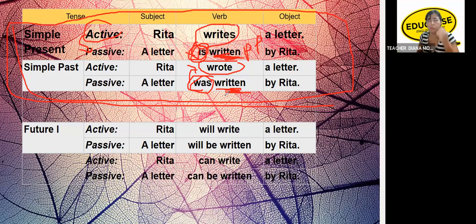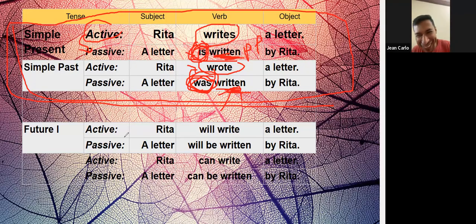The truth is that it's not complicated because if you want to give a passive voice in present, use the verb to be in present plus the past participle. If you want to give a passive voice in past, use the form of verb to be in past, always plus the past participle of the verb.